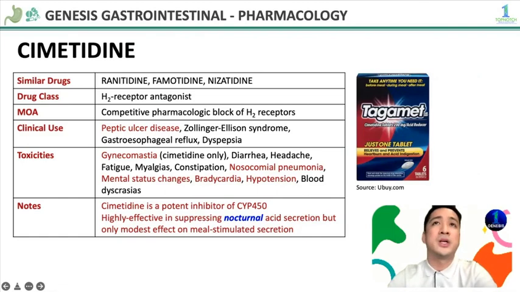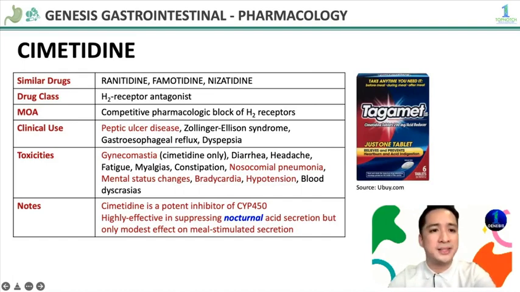So clinical use, we have nocturnal suppression of acid. We use cimetidine in peptic ulcer disease or Zollinger-Ellison syndrome, wherein there is an increased level of hydrochloric acid secondary to a tumor, GERD, and dyspepsia.